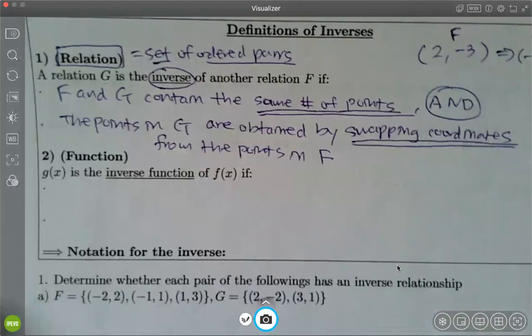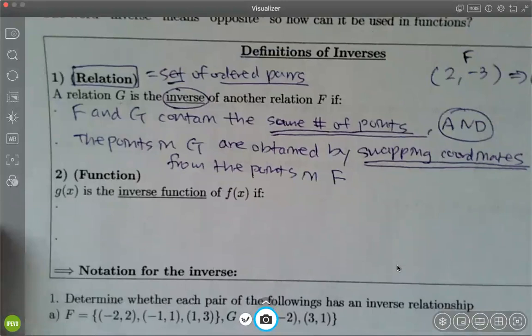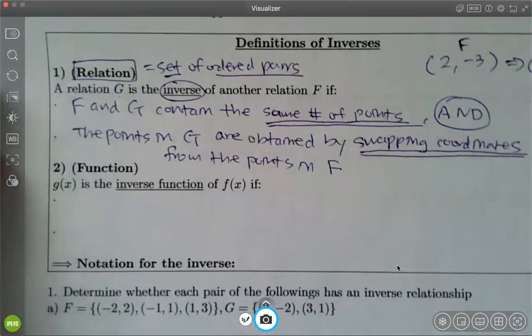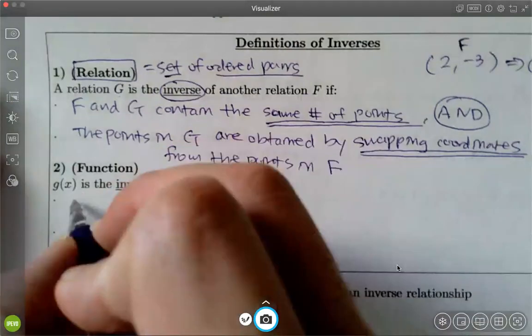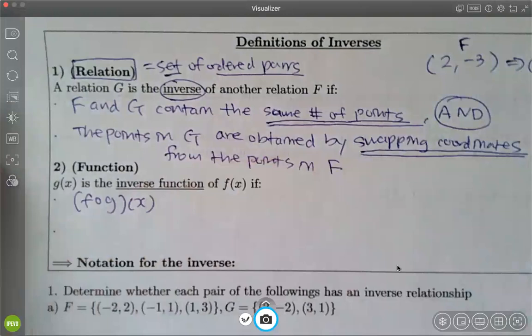Now, what about the function? G is the inverse function of f of x if there are two conditions satisfied. Have we seen this f circle G before? Yeah, like 10 minutes ago, right?